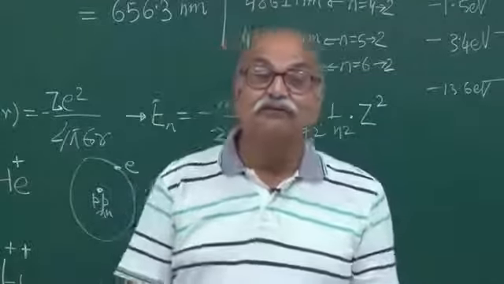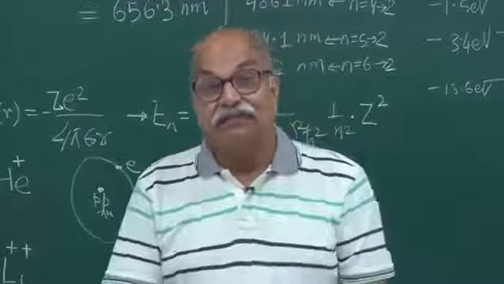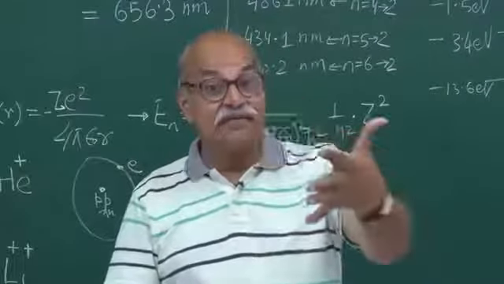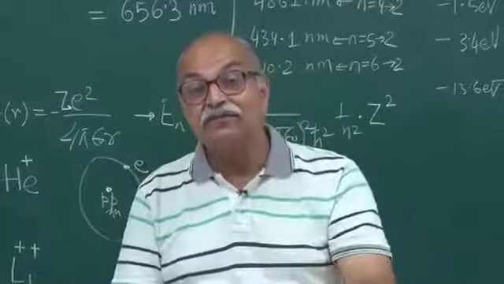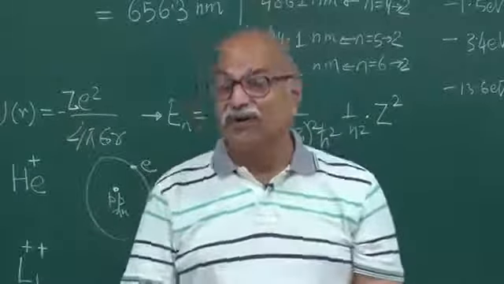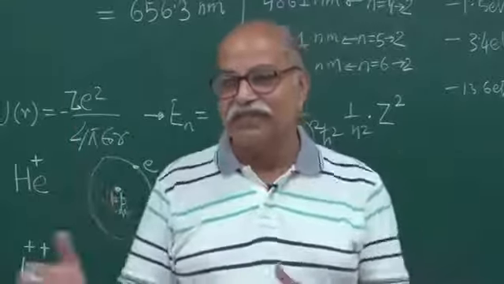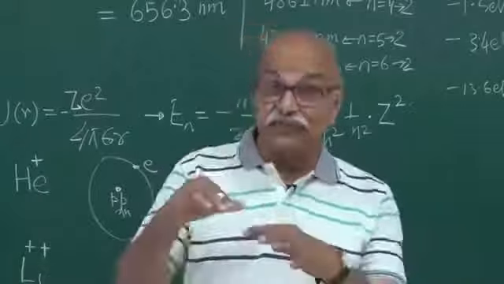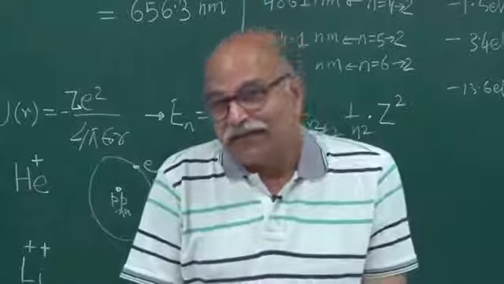It is not of 1 by r type. So if the potential is different from that 1 by r type, it turns out that this model in terms of circular orbits, or if you stretch it to elliptical orbits and all those using classical physics with quantization of course, doesn't work well.